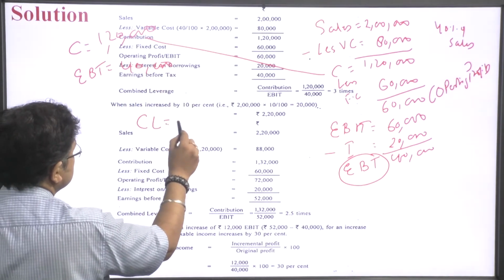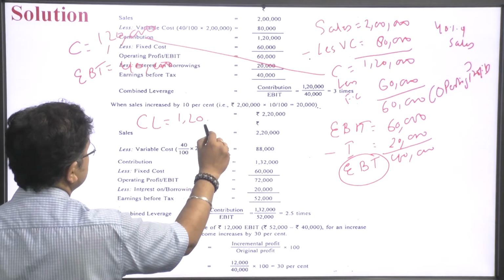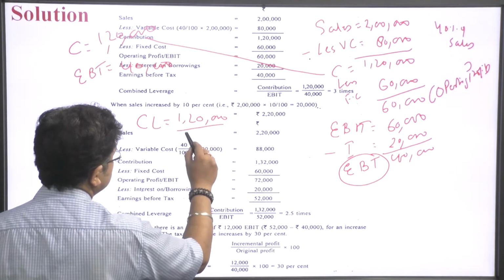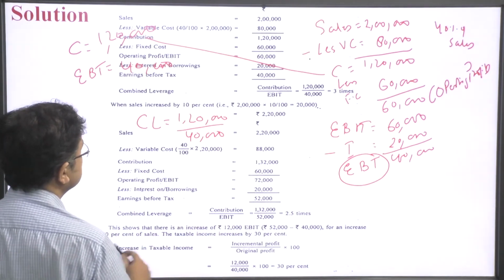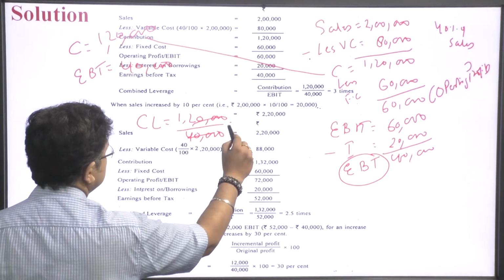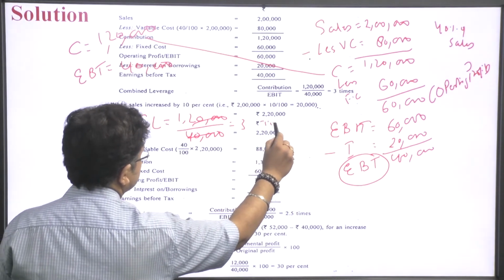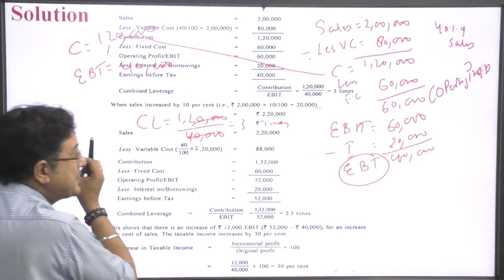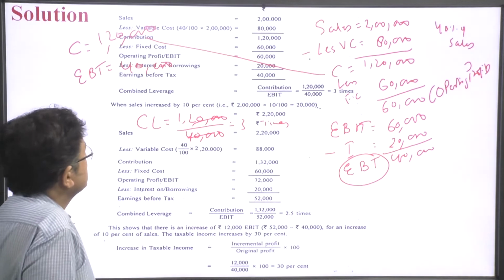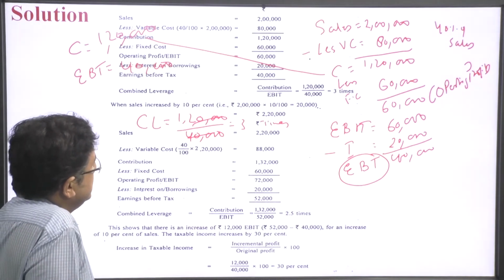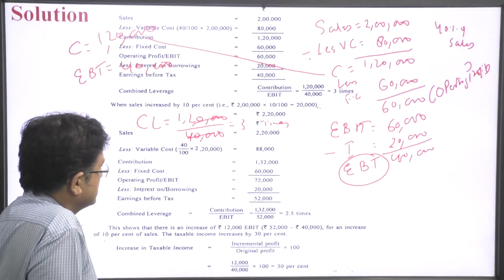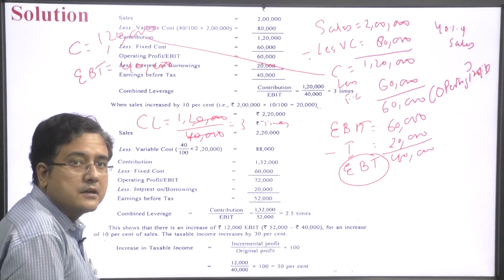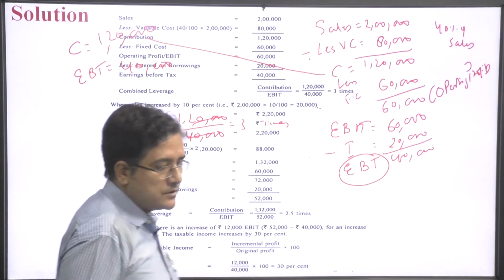Combined leverage equals 1,20,000 divided by 40,000, which is 3 times. So, combined leverage is now 3 times. This is half the question.